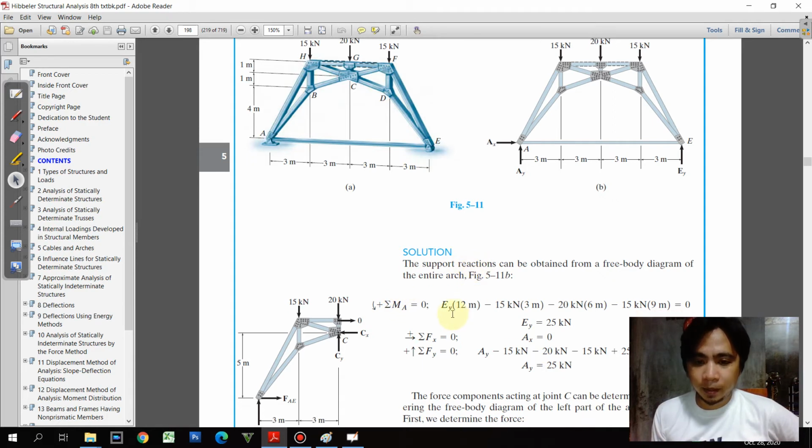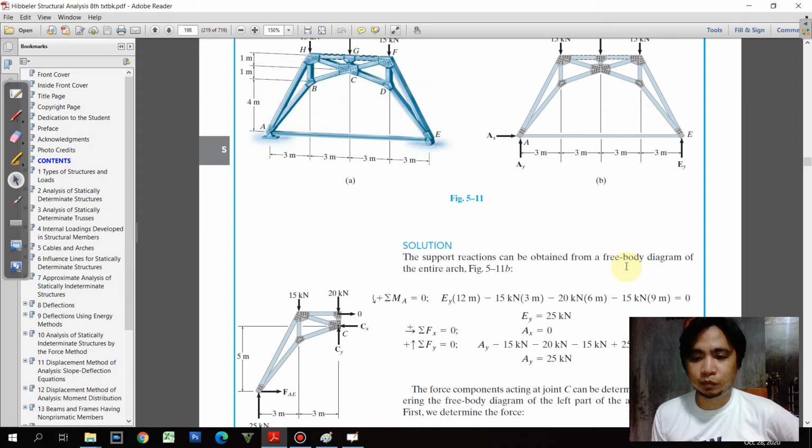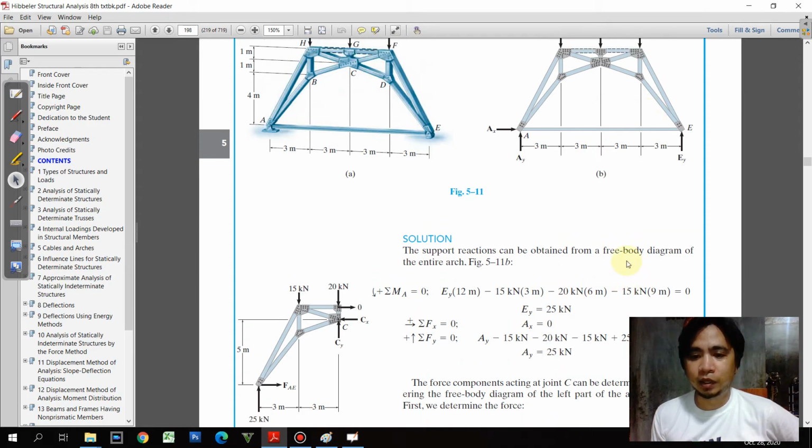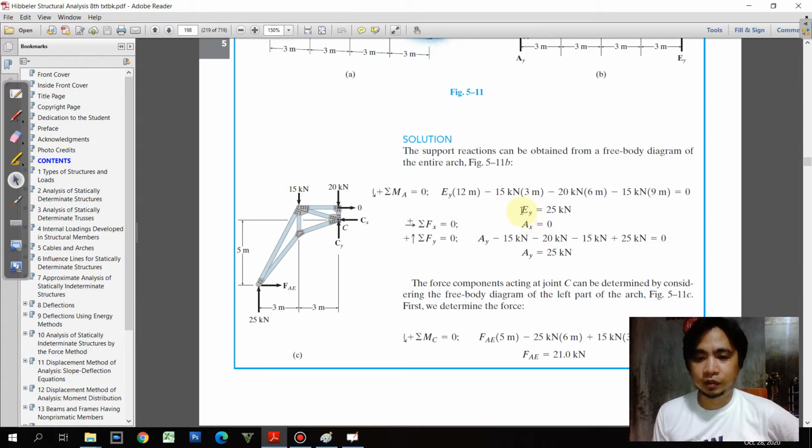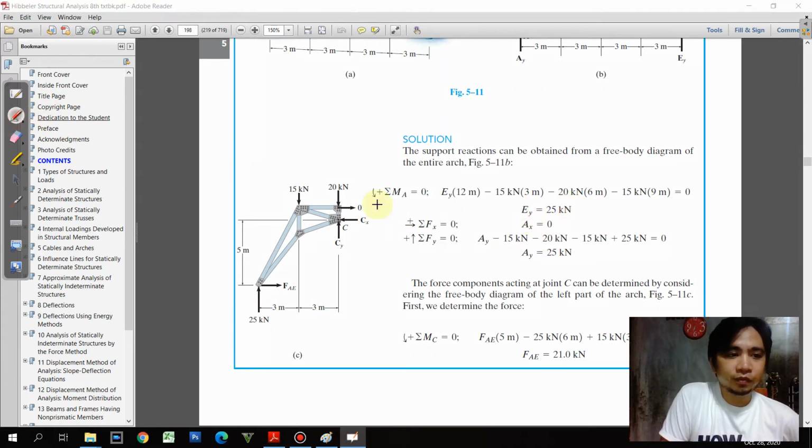Okay, so EY times 12 and then 15 here times 3. So this 15 here times 3, and then 20 times 6, another 15 that is multiplied by 9, and that will be equal to 0. So solving for EY, we have this result, 25 kilonewton.